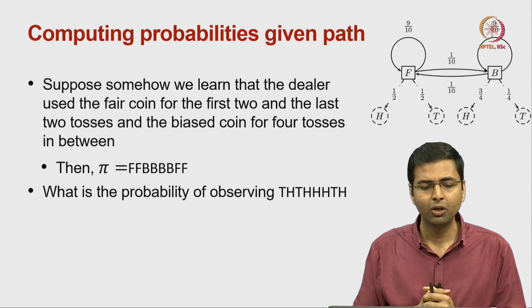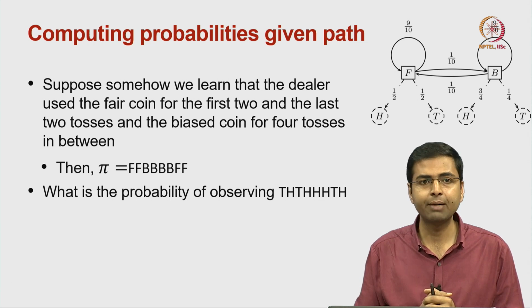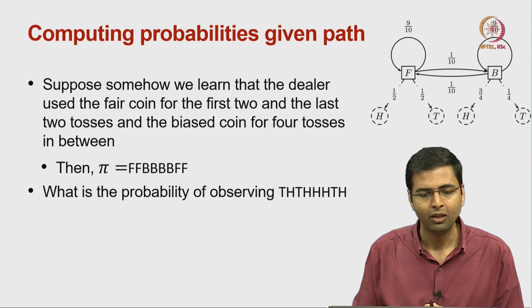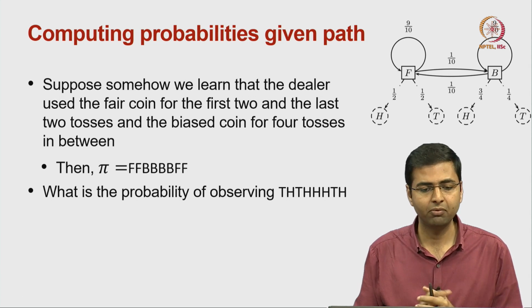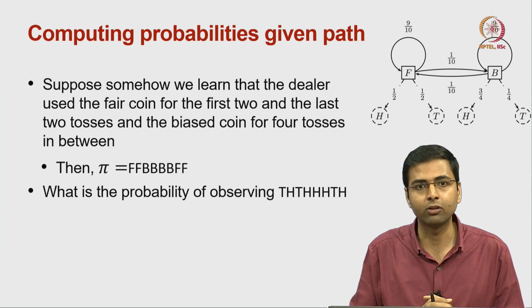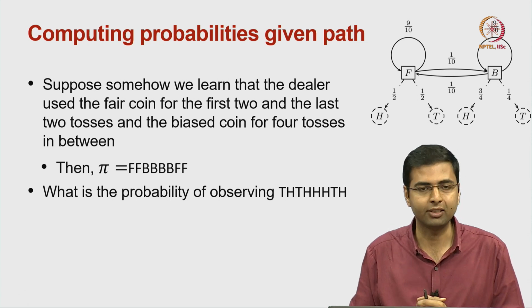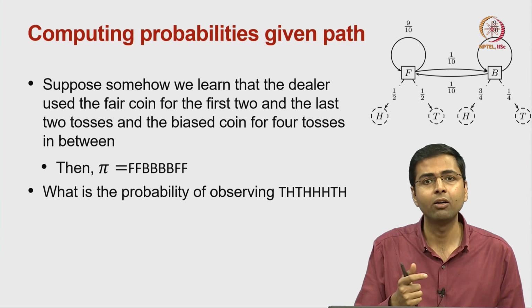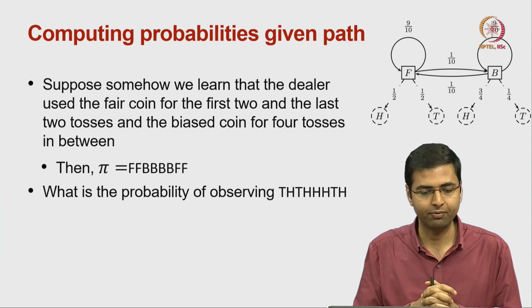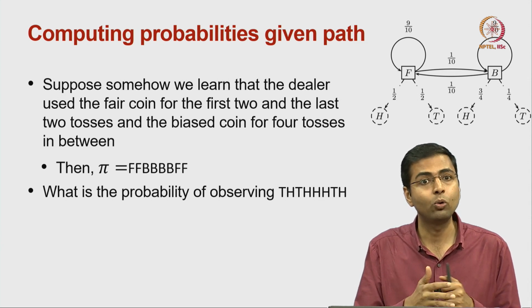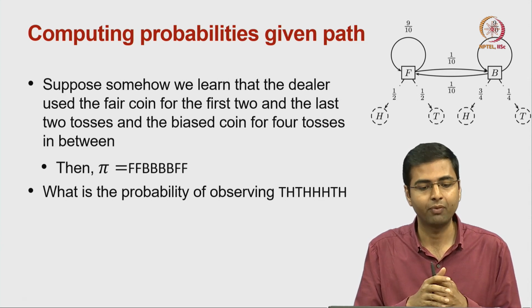Now, given these definitions of the hidden Markov model, we can start with a very simple question. Suppose somehow we learned that the dealer used the fair coin for the first 2 coin tosses as well as the last 2 coin tosses, and the dealer used the biased coin for the 4 tosses in between. This is to say that this time we know the sequence of states through some way.